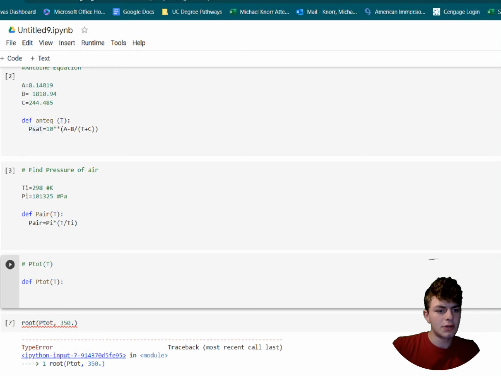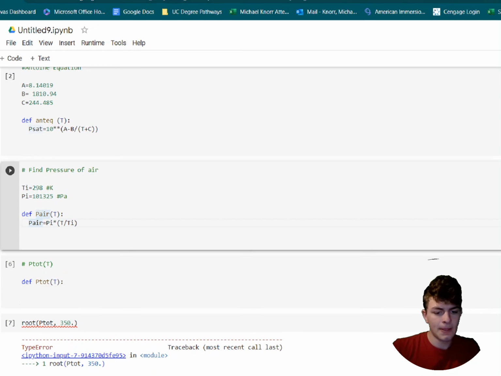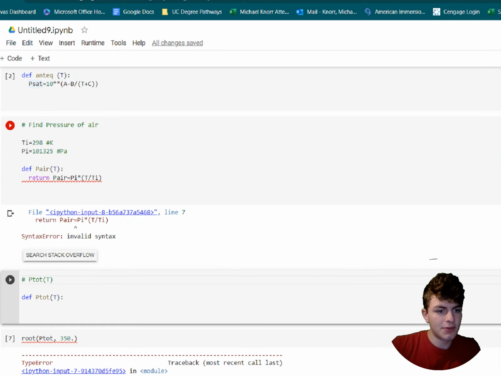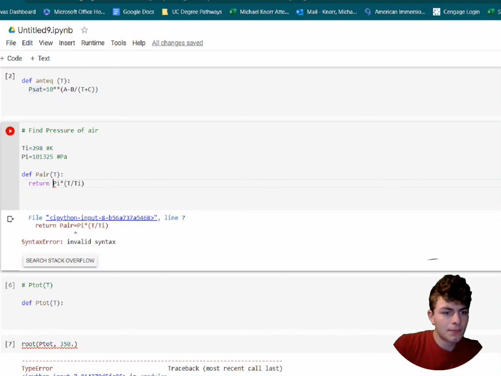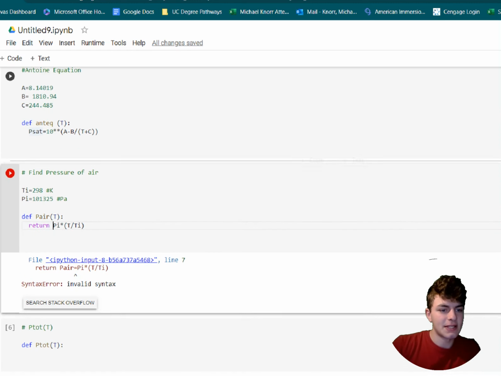So we just need to go ahead and define P total here. I believe I forgot to return these as the actual values of the function. What do we have here? I guess I don't need to define that as a variable.